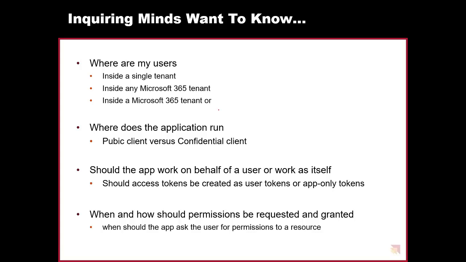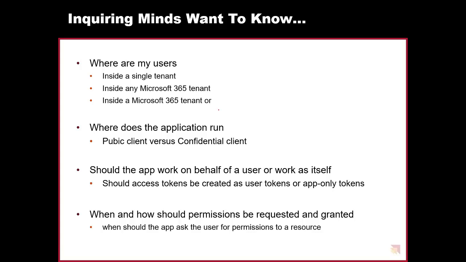Okay. Another question is, when your application authenticates and gets an access token and starts talking to the Microsoft Graph API, do you want to do that on behalf of the current user and basically be restricted to what the user has as far as permissions? Or do you want to get an app-only token and basically interact as the app itself?